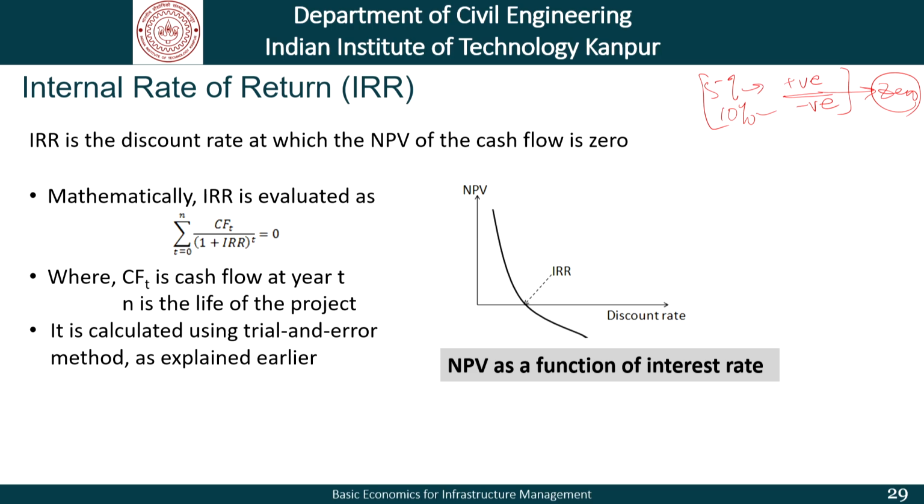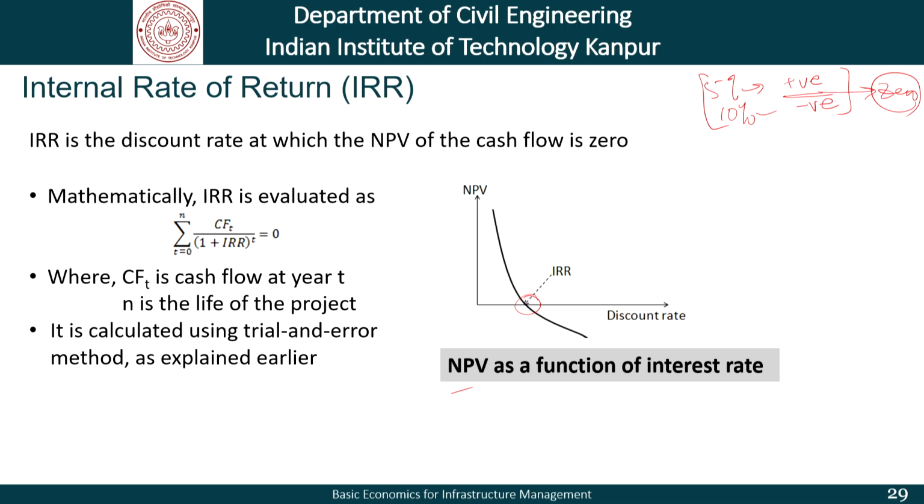Without explaining this in any more detail, I will leave it to you to just study the fact that NPV is a function of the interest rate and try to find out this value for a couple of other examples also, not only the one that I gave you.